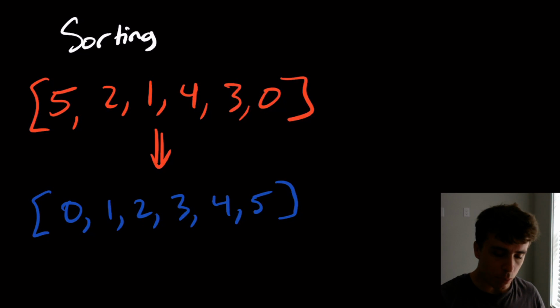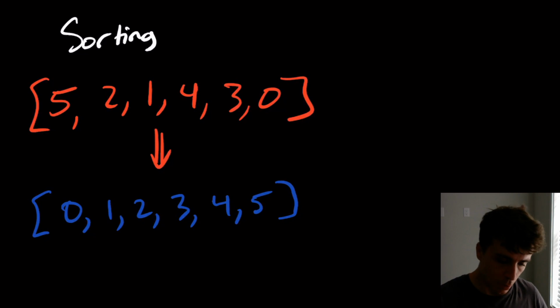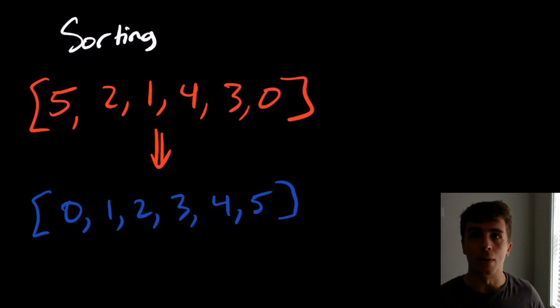Okay, so what we want is some type of algorithm that will take any array or any list of any size with any set of elements, and as a result, produce a list that is in, let's just say, ascending order, but you can change the order if you wanted to. So that's what we're actually going to do here.